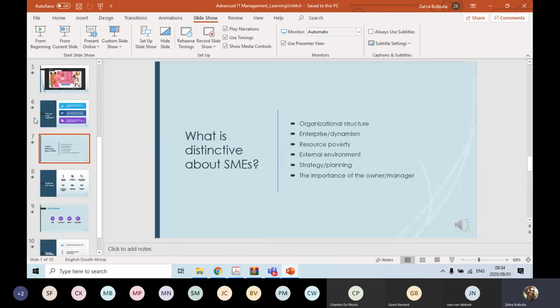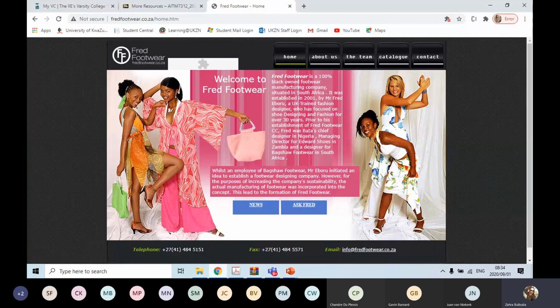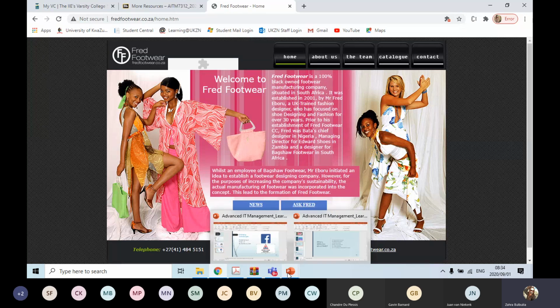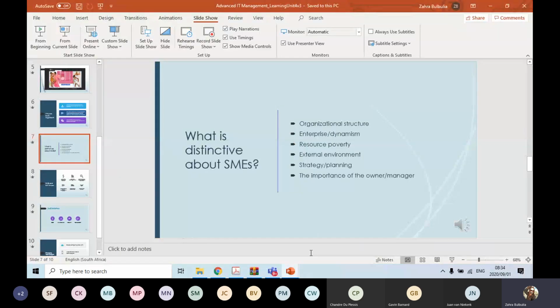Yeah, definitely. Because if we look at the example we looked at earlier, without Fred, there is no Fred's Footwear. Basically, the owner is a very, very big part, and that is actually what makes small medium enterprises successful, because they have that owner backing.